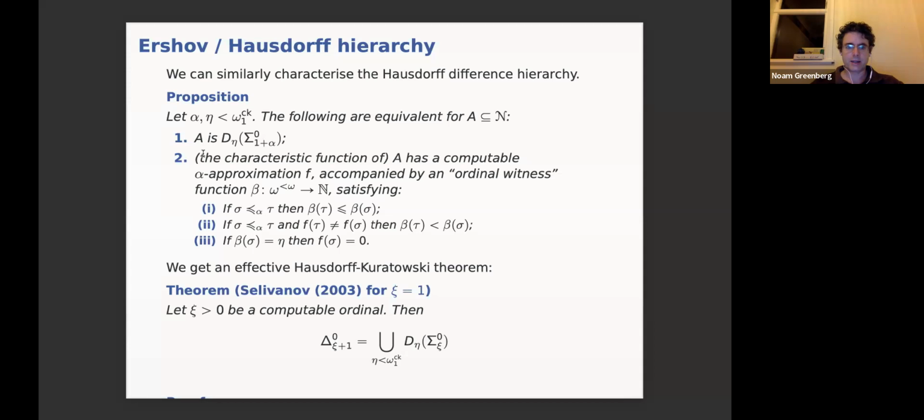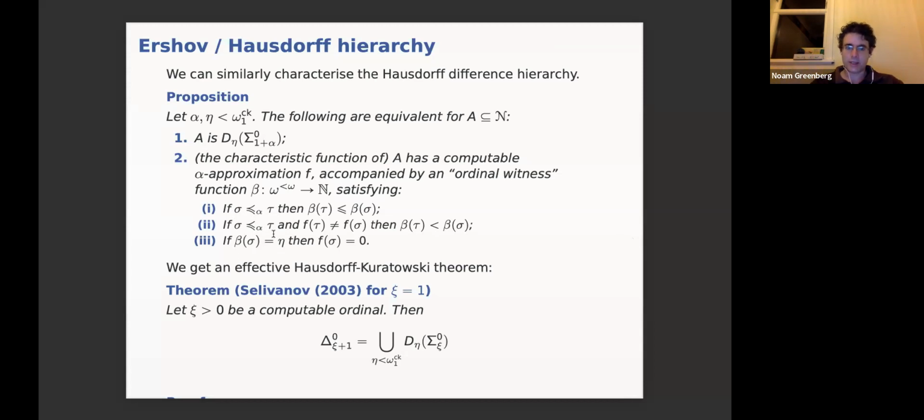And the particular properties of this ordinal witness function is if now this subscript alpha means an alpha true initial segment of sigma is an alpha true initial segment of tau, so that's the thinning of the initial segment relation to things that agree about the alpha jump. So if tau extends sigma for the purposes of an alpha approximation, then the ordinal cannot go up.